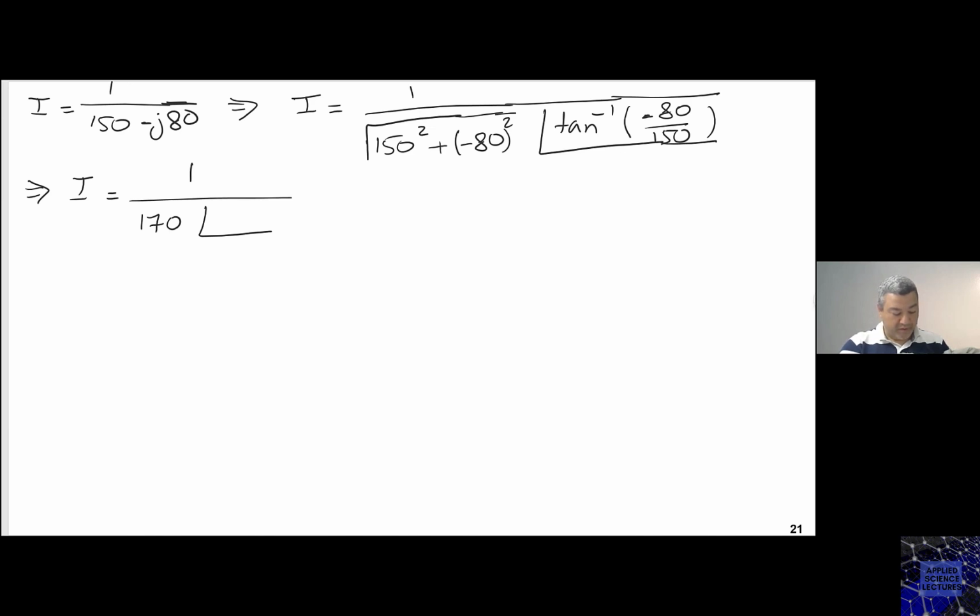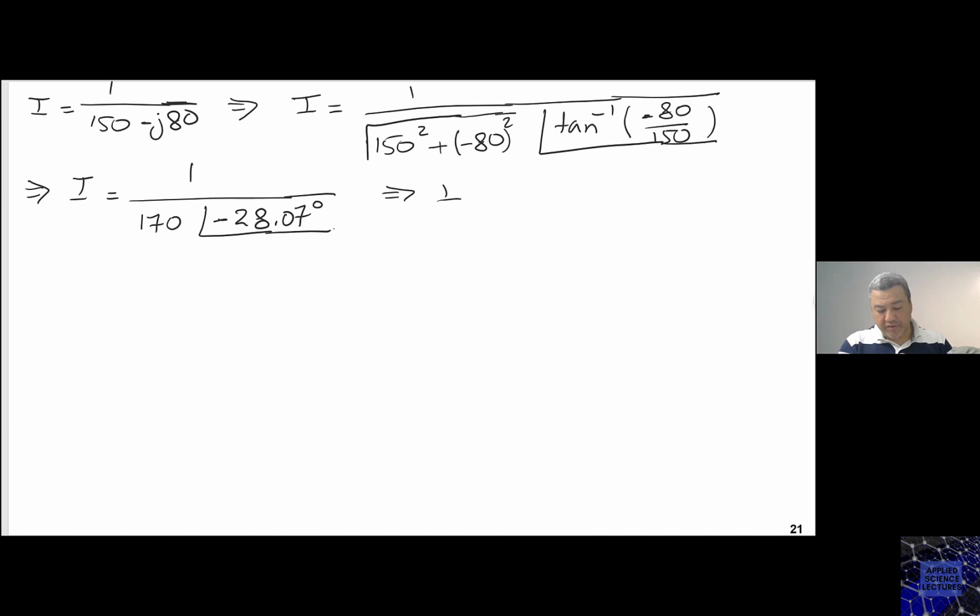Tan inverse of minus 80 divided by 150, which is the fourth quadrant. So the angle here is minus 28.07 degrees.